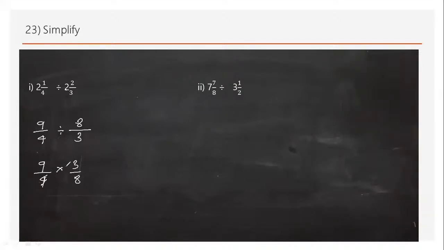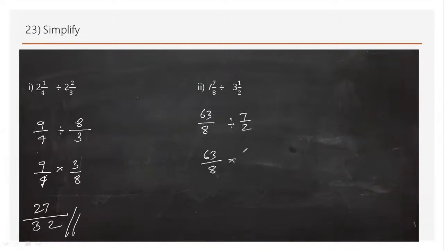Then simplify: 9 times 3, 27, 4 times 8, 32. 27 over 32. 8 times 7, 56, 56 and 7, 63, right? 63 over 8 divide by 2 times 3, 6 and 1, 7 over 2. 63 over 8 into 2 over 7.